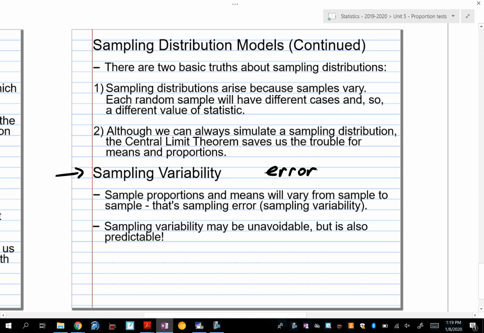But in statistics, when you have sampling error, that just means that you ran a sample, someone else did a sample, and you have different results. No one did anything wrong. You guys did everything right. You just have different results because you had different samples from that same population. That's called sampling variability, and that is where pretty much all the work we're going to do for this semester lives.